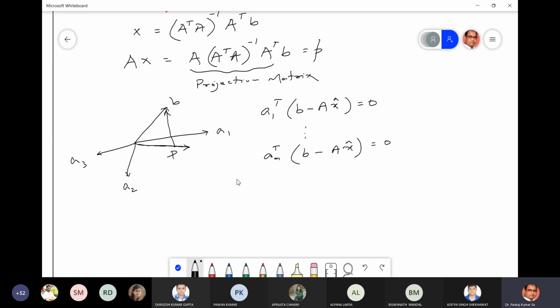Or in the form of a matrix, this becomes A1 transpose, A2 transpose, up to AN transpose, so these transposes are there, multiplied by one column, that is B minus AX cap.